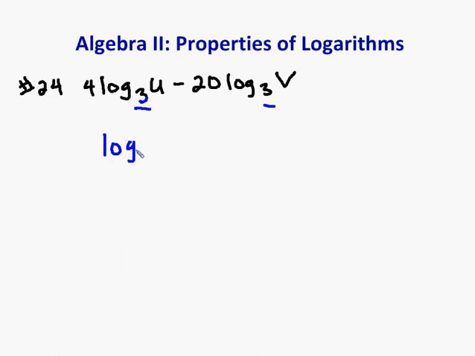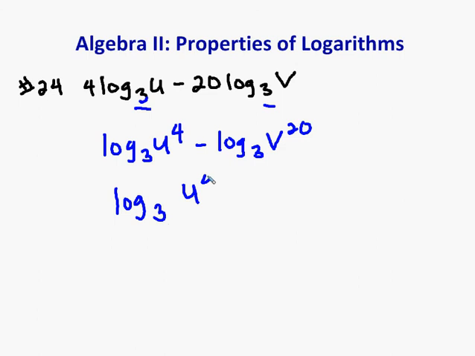And the terms using the power property become log base 3 of u to the 4th, and the second is going to be log base 3 of v to the 20th. Now I use a quotient property. I've got the same bases. And I have log base 3 of u to the 4th over v to the 20th. And that is your answer.